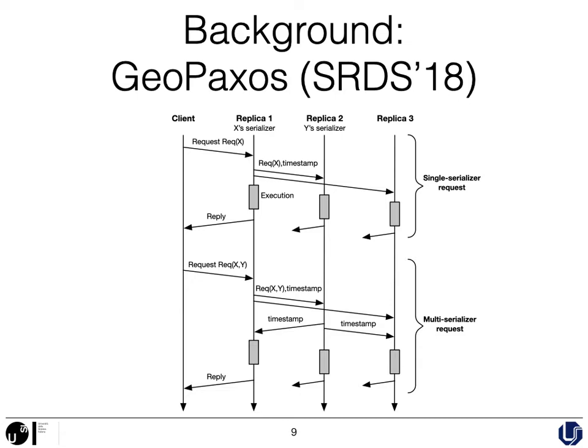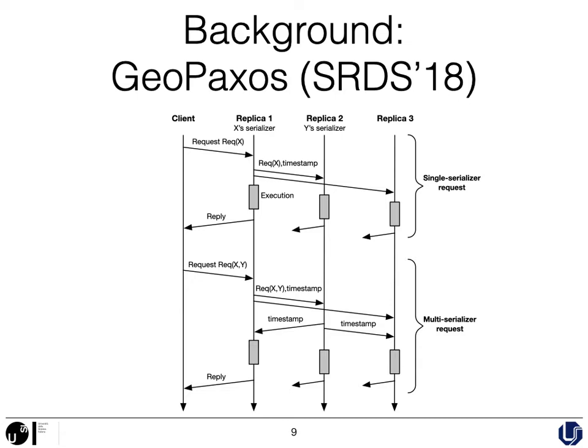In GeoPaxos, we can have a single serialized request, like the first one in this picture. In this picture, Replica 1 orders operations related to object X, and Replica 2 orders operations related to object Y. The first request is only related to X, so only Replica 1 defines the timestamp of the request before sending it to all other replicas for execution.